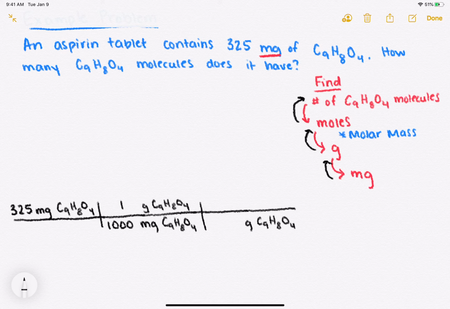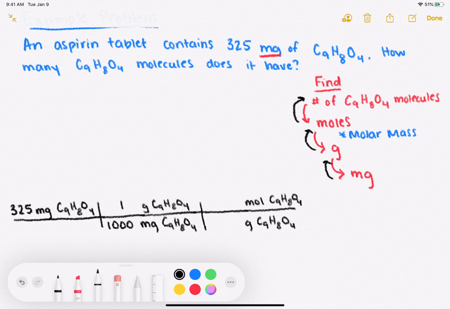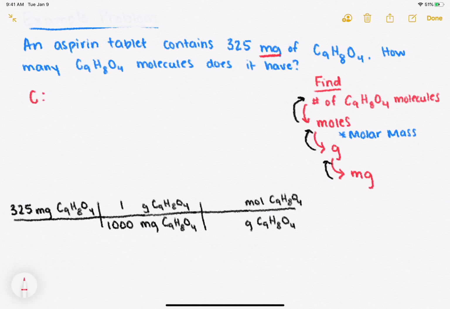And according to our plan, we want to get to moles using the molar mass. So we don't have the molar mass. The problem didn't give it to us. But we can find it because we know how to find the molar mass. So let's do that. We know that we have carbon. We've already seen that carbon equals 12.01 grams per mole. And there are 9 of them in this molecule.